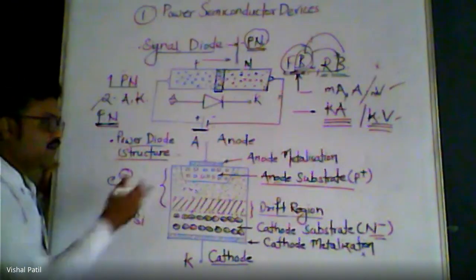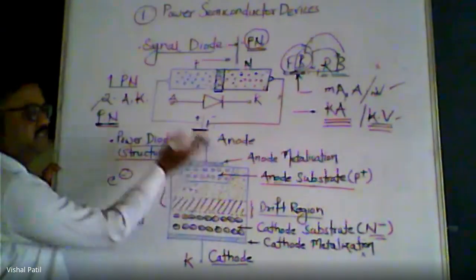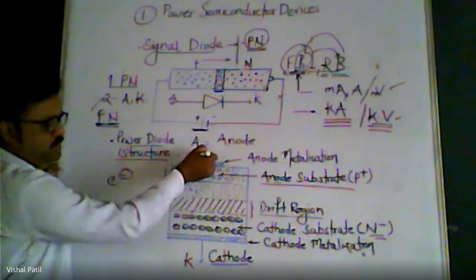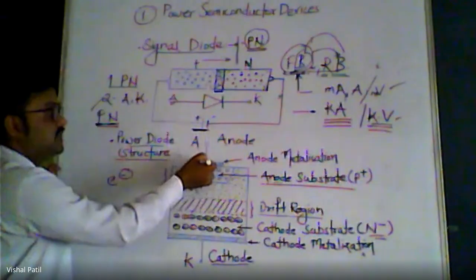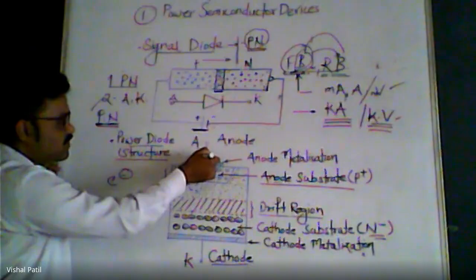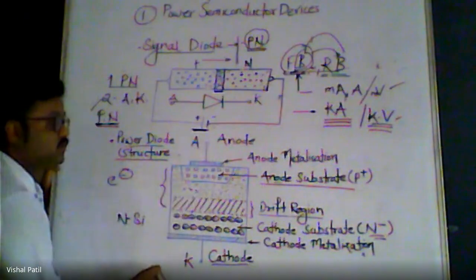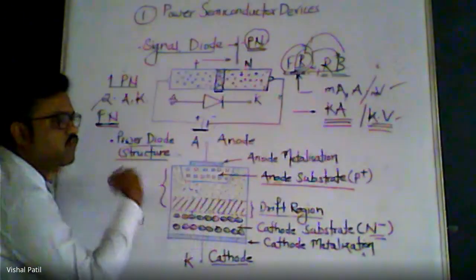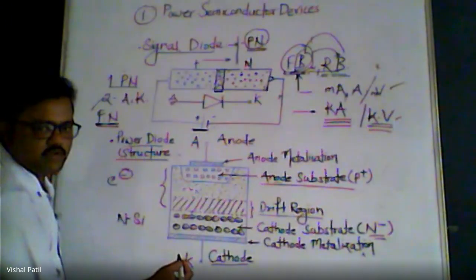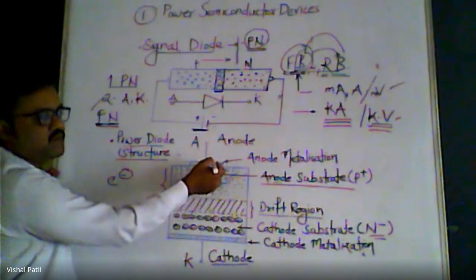And the moment it grows in very high density, we say that there is an electron current from cathode to anode. And if there is an electron current from cathode to anode, we say there is a normal current from anode to cathode. So which current are we expecting here? The forward current of the power diode. Now what is the forward current of the power diode? It is opposite to that of the electron current.